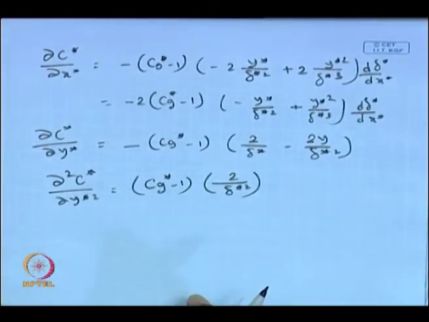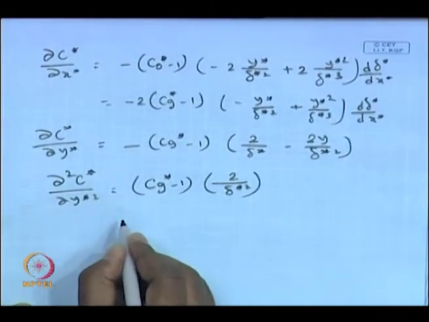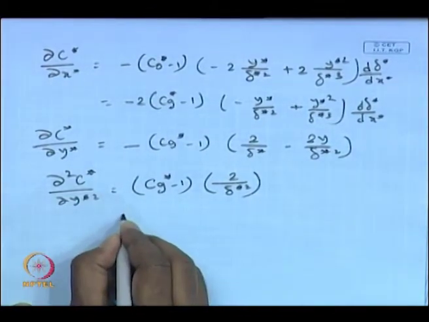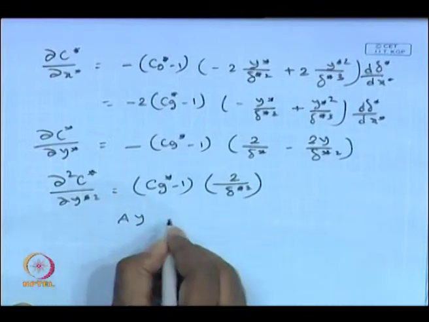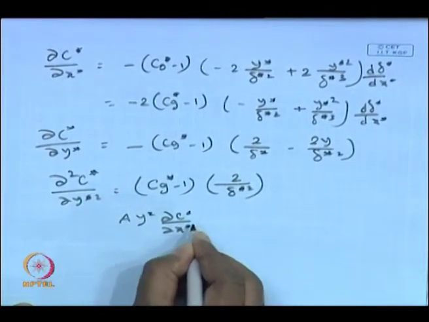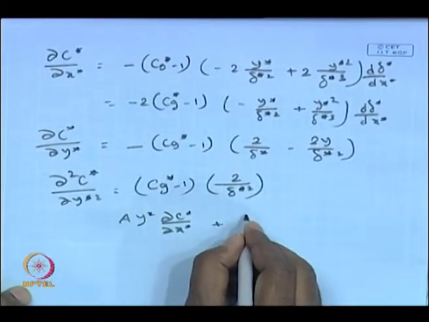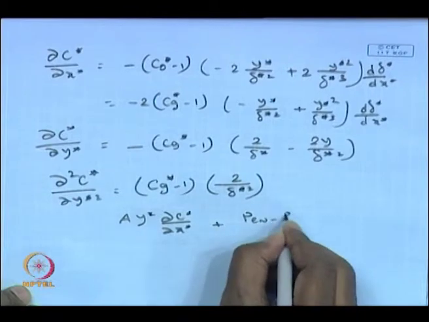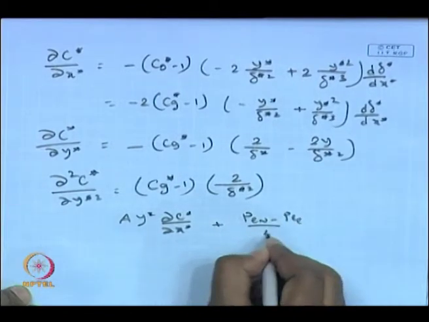So, these are the various derivatives that we are going to put in the governing equation. If you remember, it was A y star del C star del x star plus P E W minus P E by 2.